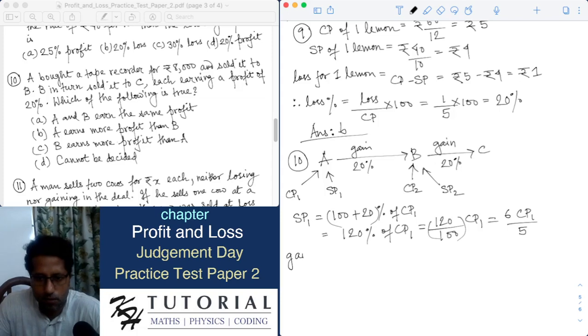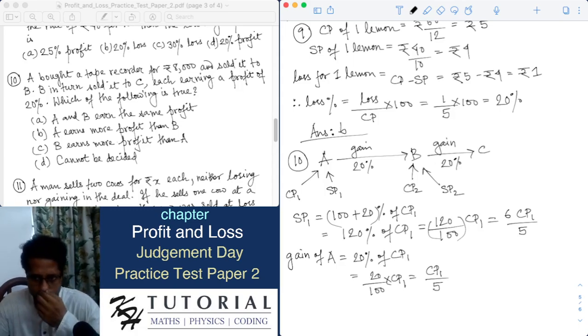The question is about comparing the gain of A and gain of B. Gain of A is 20% of CP1. This is 20 by 100 into CP1. This is CP1 by 5. This is the gain of A, we have to remember.